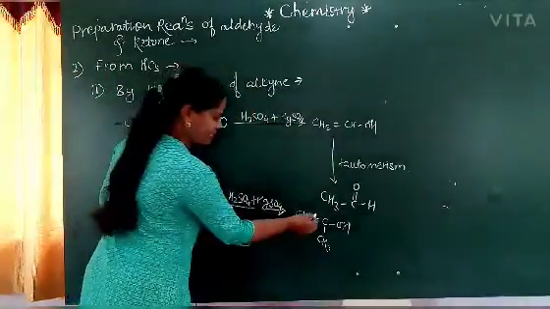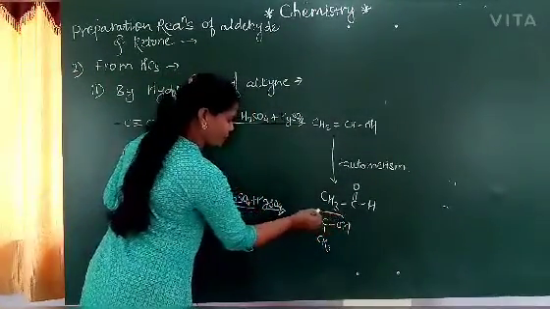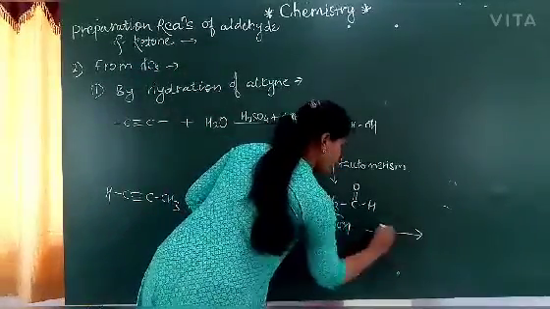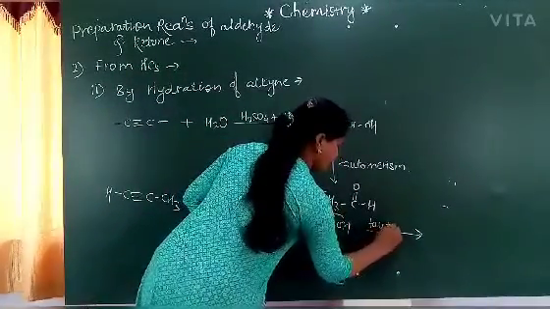By breaking of this double bond, this hydrogen atom will add on this carbon atom, and this is the tautomerism.